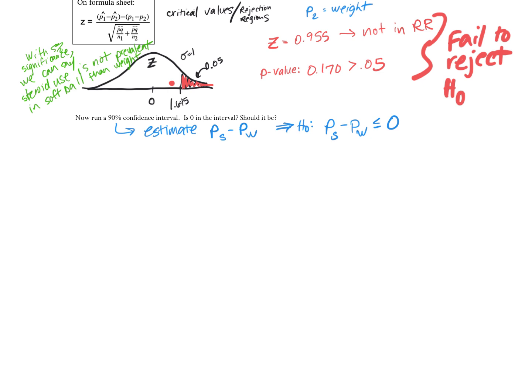Now, real quick, when we did confidence intervals by hand, the picture to find that critical value looked like this.